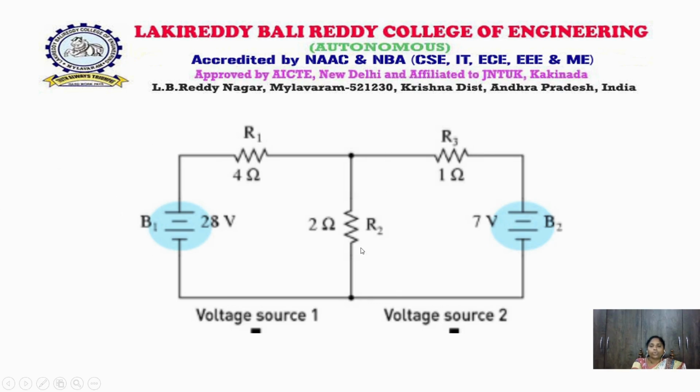When two or more sources are there in a particular circuit, and if I want to find the response through any particular element, then that response will be the algebraic sum of the responses developed because of the individual sources, by considering the other sources inactive. This is the statement of the superposition theorem.